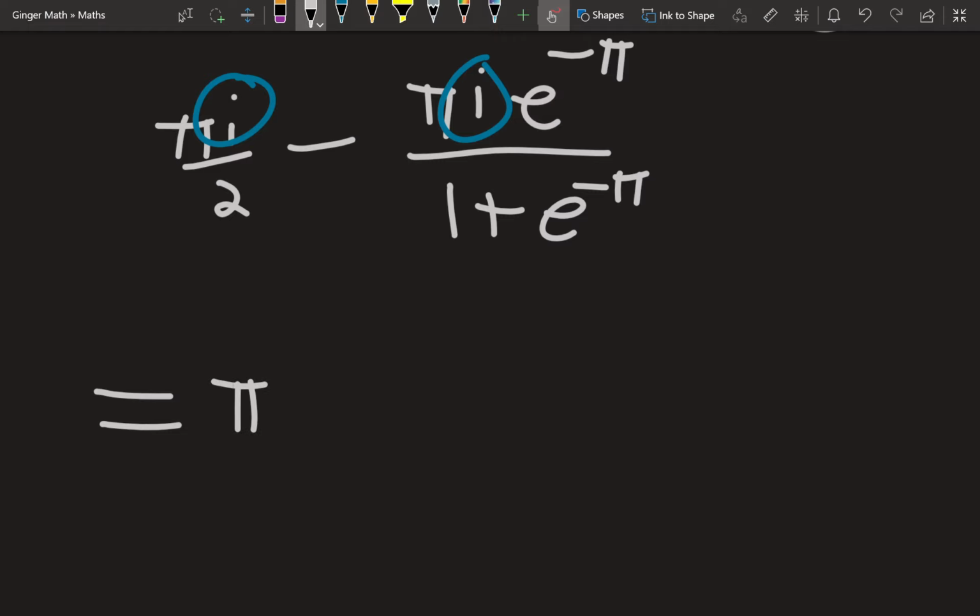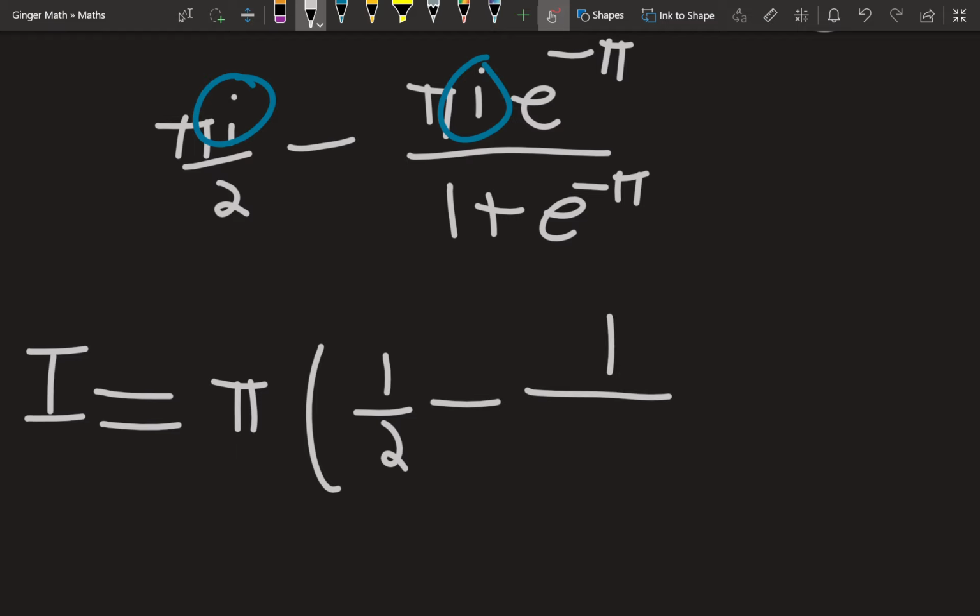So what I'm going to say is our actual integral, or the imaginary part of it at least, is going to be equal to pi times 1/2 minus, and for this I'm just going to multiply the top and bottom by e to the pi. It'll make things just a little bit nicer. 1 over 1 plus e to the pi.